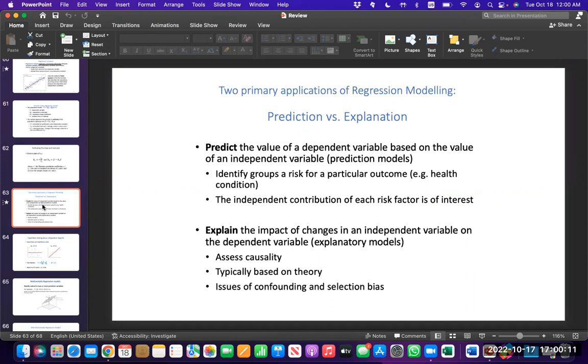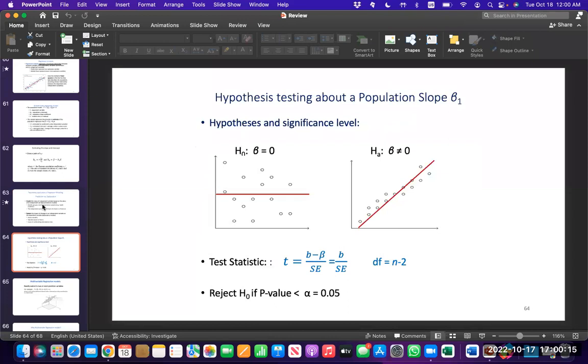But you still suffer from confounding and selection bias. You're basically testing the hypothesis that your fit line is a flat line according to the mean of y. So basically you're testing that your model or your correlation is actually stronger than just the mean of y.